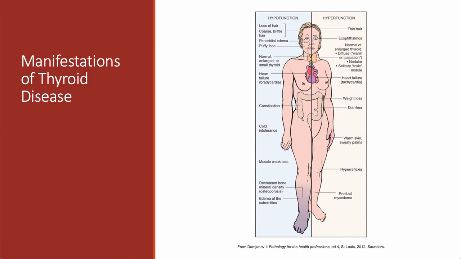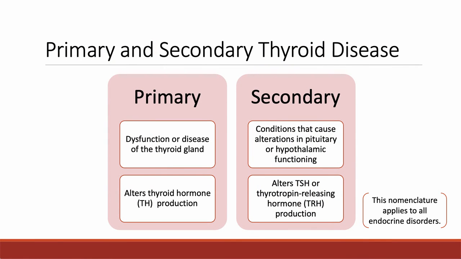So what happens when there is a dysregulation of that very complex but yet very beautiful, simple method? Well, these manifestations can happen. On the left are the hypofunction, and on the right are the hyperfunction aspects of thyroid disease. Now remember, in any endocrine process, there can be primary diseases or secondary diseases.